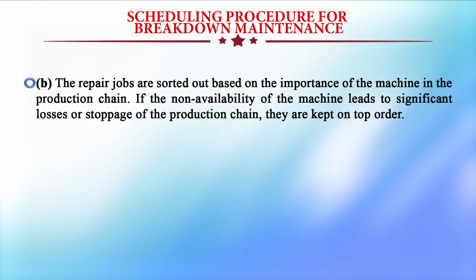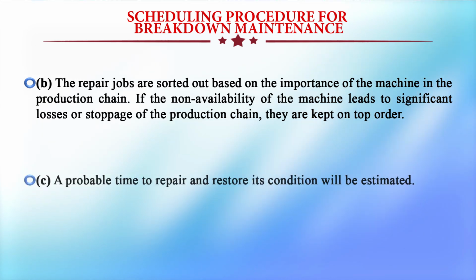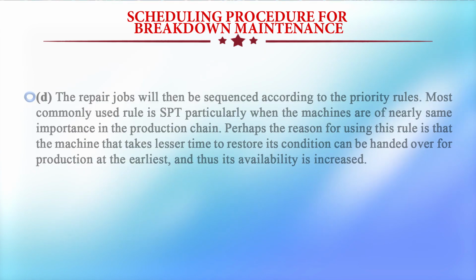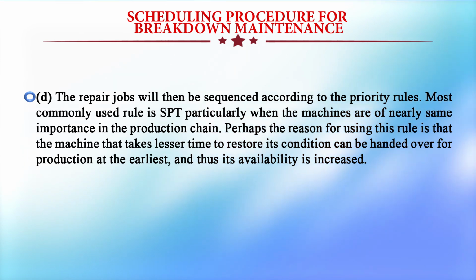The repair jobs are sorted out based on the importance of the machine in the production chain. If the non-availability of the machine leads to significant losses or stoppage of the production chain, they are kept on top order. A probable time to repair or restore its condition will be estimated. The repair jobs will then be sequenced according to the priority rules.